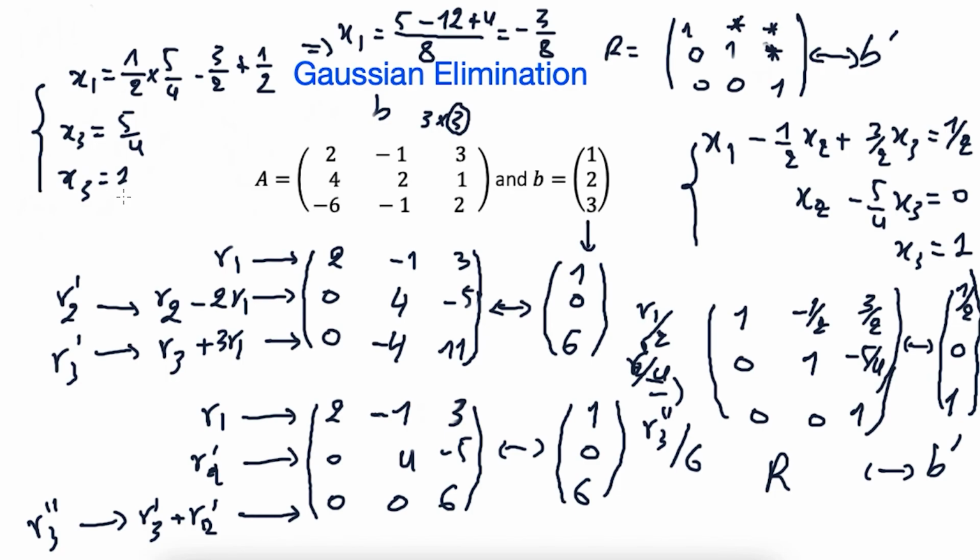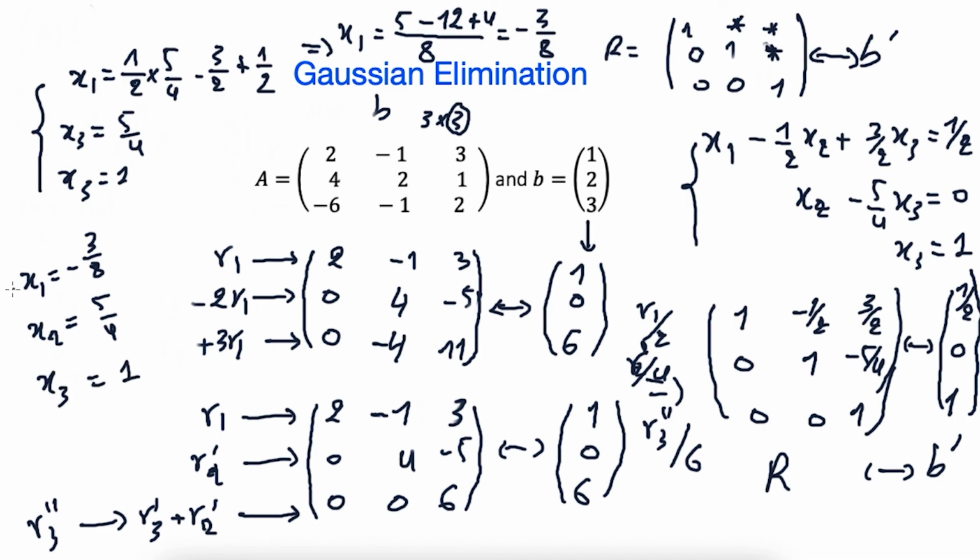So when we erase this space here, the solutions are x1 equals minus 3 over 8, and x2 equals 5 over 4, and x3 equals 1.